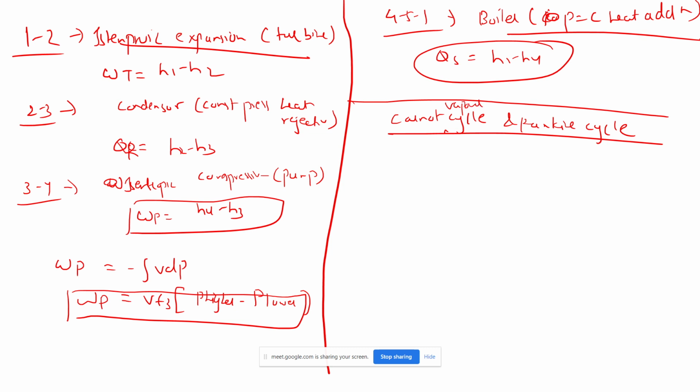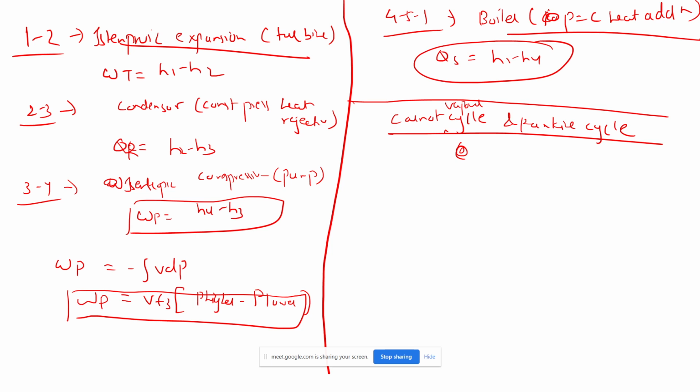According to you, which one is having the higher efficiency? Carnot cycle. Why is it having higher efficiency? Because it is the ideal cycle.